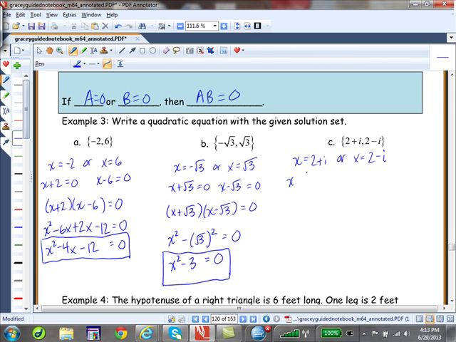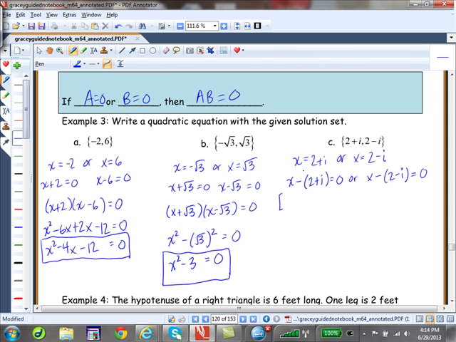It means that x minus, I'm going to put it in parentheses, the quantity 2 plus i is 0, or x minus the quantity 2 minus i is 0. I know that this looks really ugly, but I think if we keep it like this, it might be easier. So just go with it.